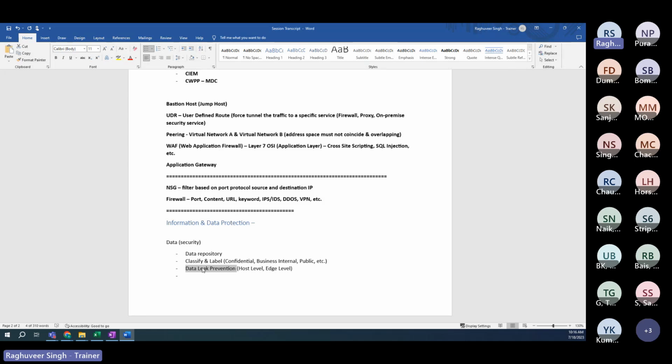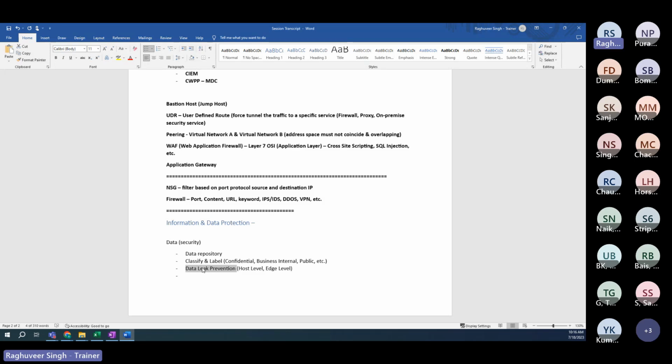So you cannot transmit any data in and out because all the ports are blocked. You cannot upload any data to cloud storage because the DLP is taking care of it. You cannot transmit any official data to an external domain, which means you cannot send any email to Gmail from your official email address. From dxc.com to gmail.com, you should not be able to send.